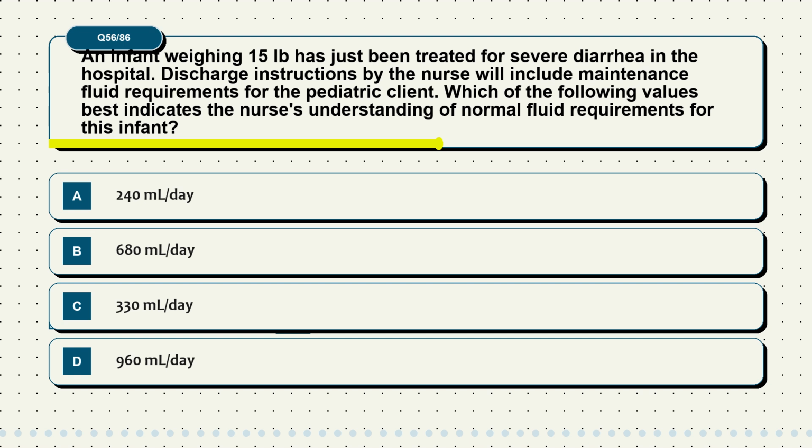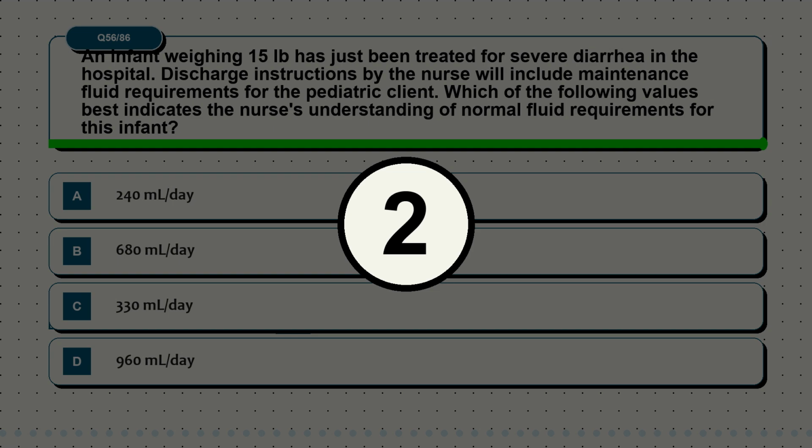Here are the options. Option A. 240 ml/day. Option B. 680 ml/day. Option C. 330 ml/day. Option D. 960 ml/day.